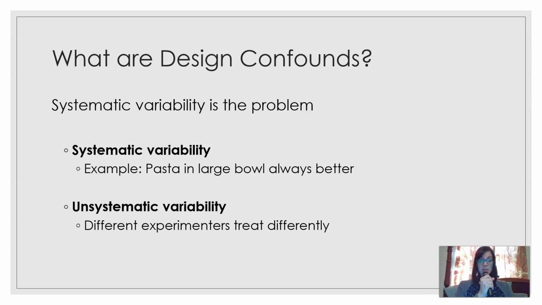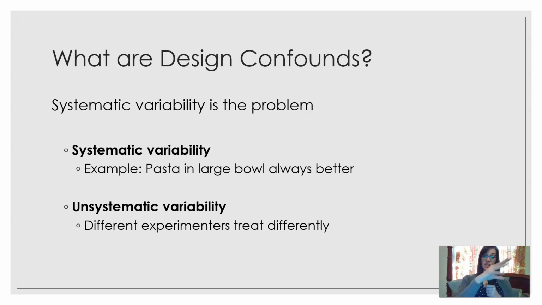So systematic means that, for example, if the pasta in the large bowl is always better, that introduces a variability where people are probably going to take more from the large bowl than from the smaller bowl. So it's very systematic. That variability doesn't change across conditions.